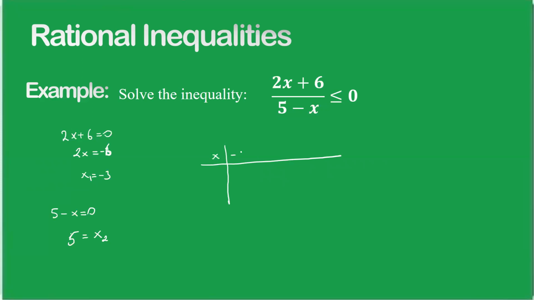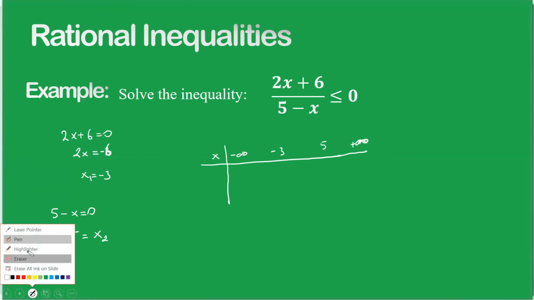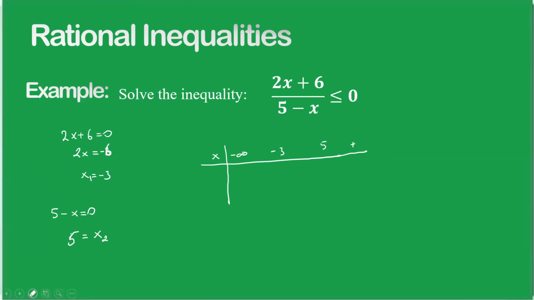x, minus infinity, minus 3, 5 and plus infinity. Now let's write the expression here: 2x plus 6 over 5 minus x.